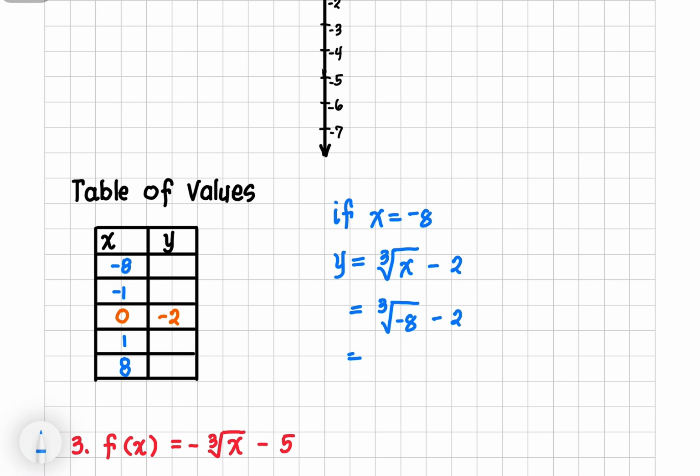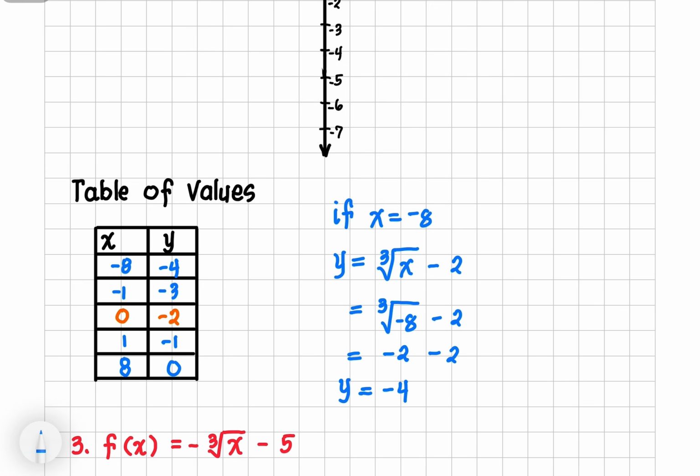The cube root of negative 8 is negative 2. Then negative 2 minus 2 becomes negative 4. When x is equal to negative 1, evaluating gives us negative 3. Then 0.